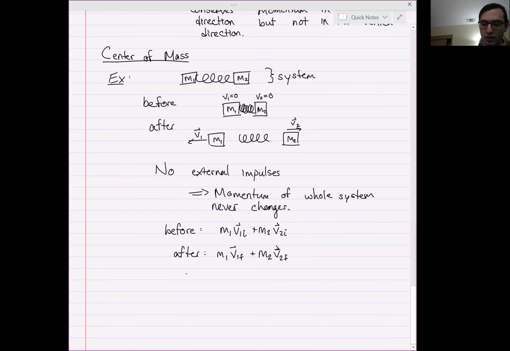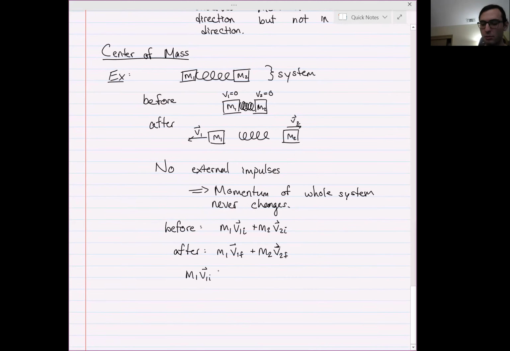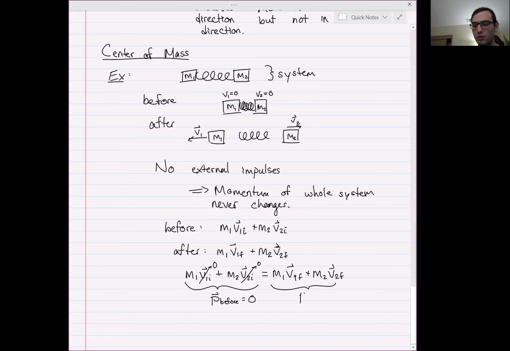Let me write it out as an actual equation: m1 v1i plus m2 v2i should equal m1 v1f plus m2 v2f. By the way, this is an example of how you actually apply momentum conservation. You write out the momentum before, mass times velocity of each part, then you set it equal to the momentum after. This is the momentum before, and this is just equal to 0, right? Because they each have 0 velocity initially. And this is the momentum after.